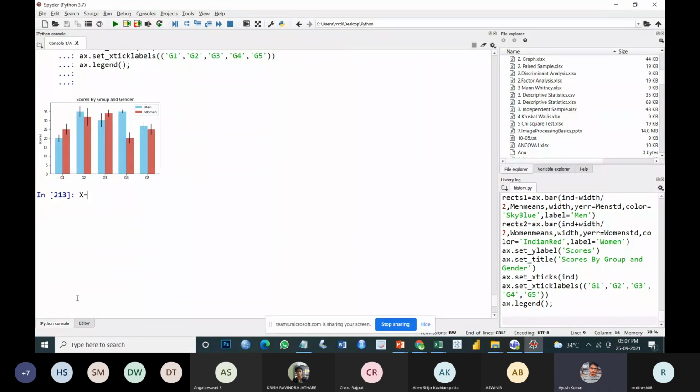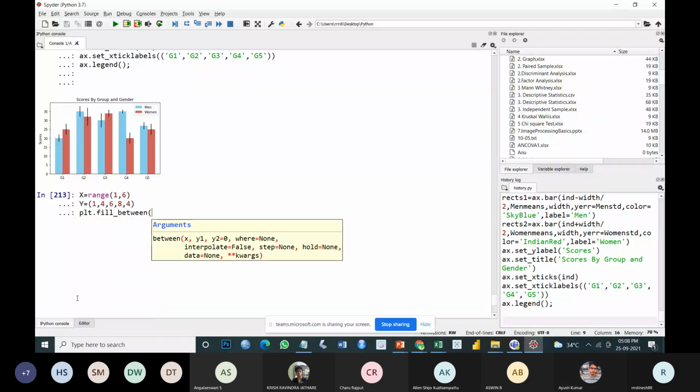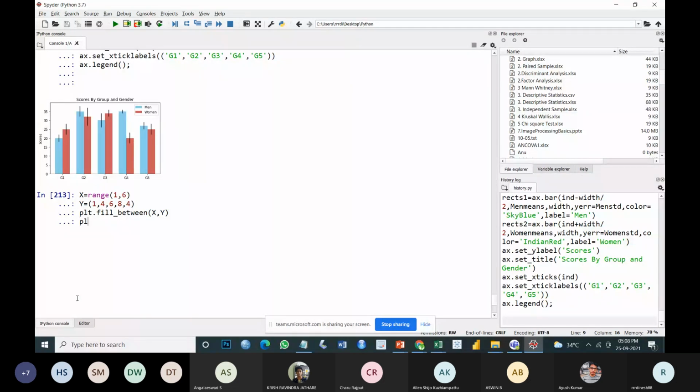For example, x equal to range of 1 comma 6, y equal to 1 comma 4 comma 6 comma 8 comma 4. plt dot fill between x comma y. plt dot show.